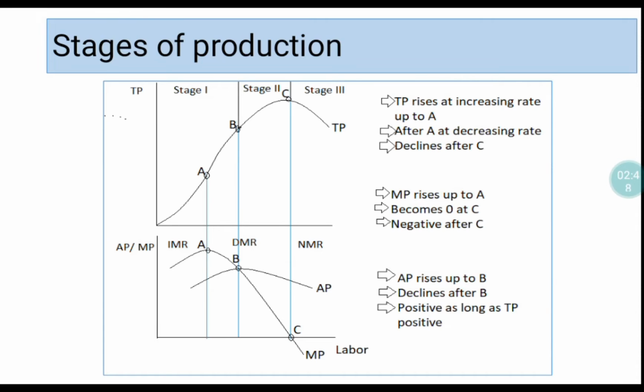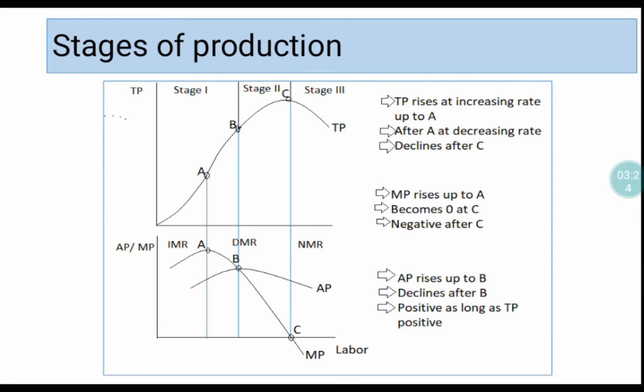Then in stage 2, even part of stage 1, that is beginning from point A up to point C, you have what are referred to as diminishing marginal returns. And then in stage 3, that is where you have negative marginal returns. Okay? So you have increasing marginal returns in stage 1, that is IMR. Then diminishing marginal returns, DMR, in stage 2 and part of stage 1. And finally, you have negative marginal returns in stage 3.